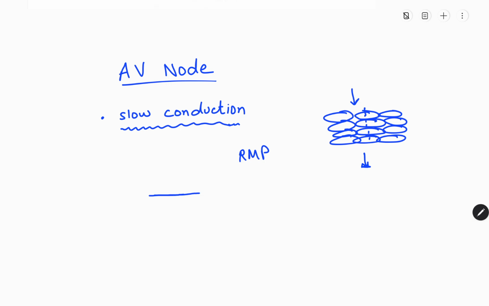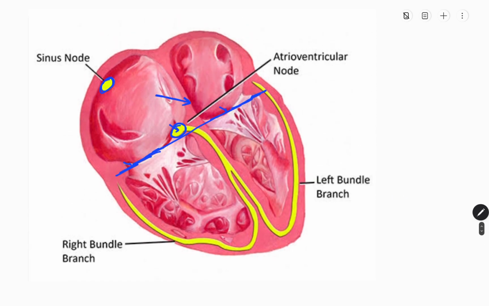So in the case of the AV node, in the ECG, we will see electrical silence. In this case, we will not draw any vector, because there is no detection of electric current by our devices.